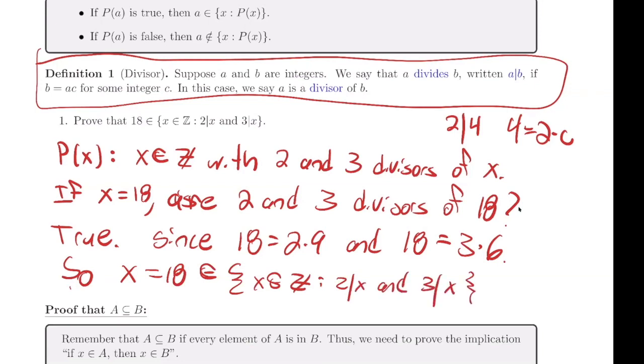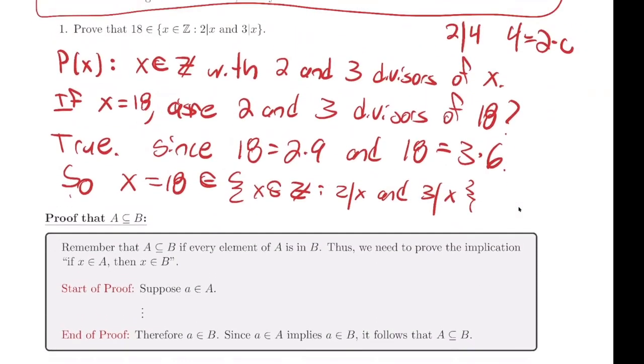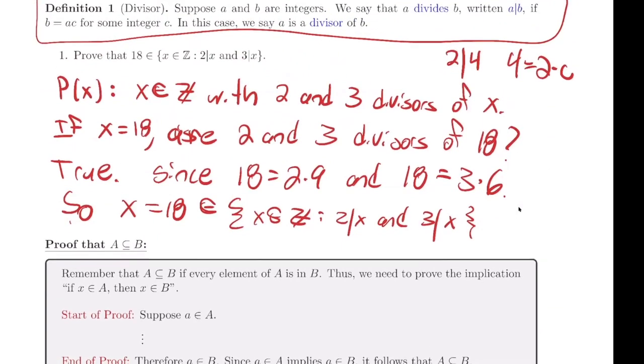So that would prove that 18 is in that set. So we were a little more informal on the previous worksheet. But sometimes proving something really basic actually winds up being the hardest proofs to write sometimes. Any questions?